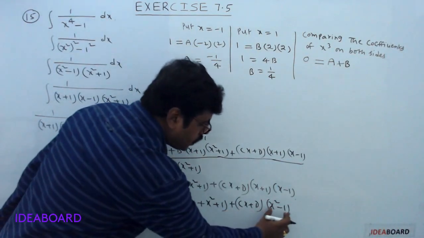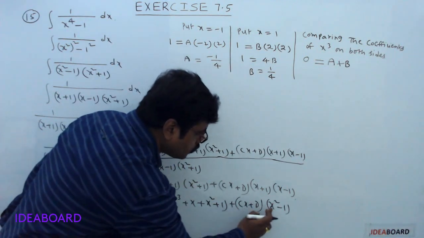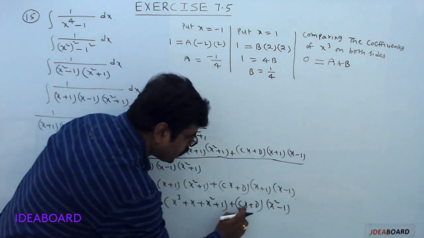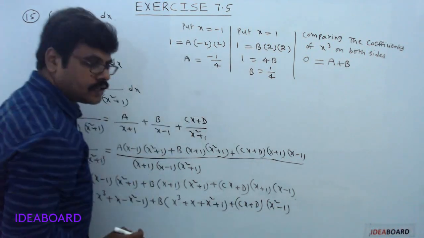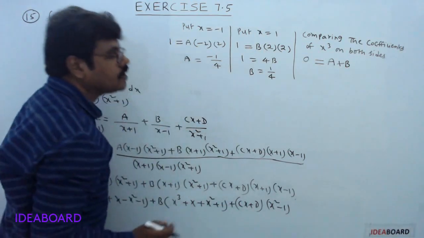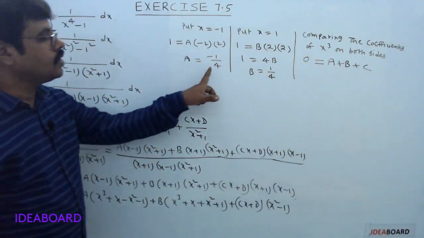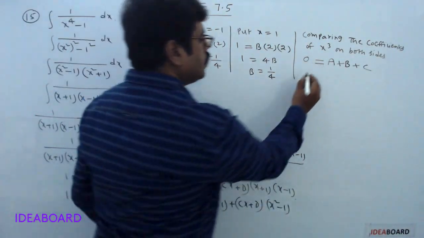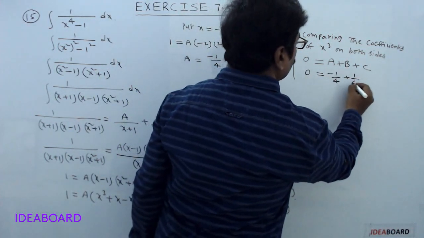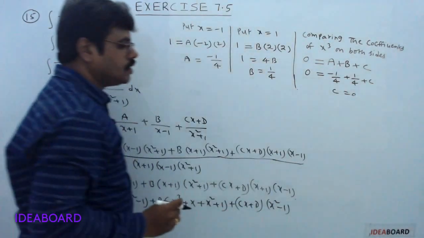Here, if you multiply x square minus 1 with cx, you get cx cube minus cx, so the x cube coefficient will be c. Now write down the values of a and b in this equation. 0 equals a value minus 1 by 4, b value 1 by 4, plus c. Therefore, c value is 0.